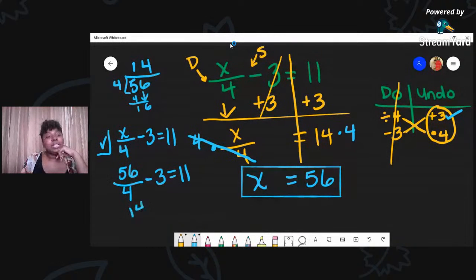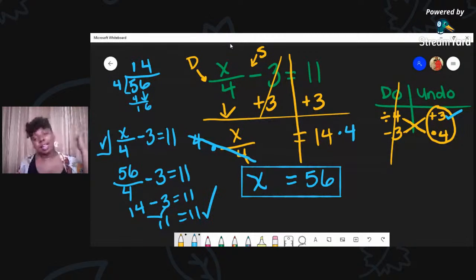So I get 14 here. And 14 minus 3 is 11. Check, because my answer is right. Yay. Okay, so there we are. X equals 56. All right, so that is two-step equations.